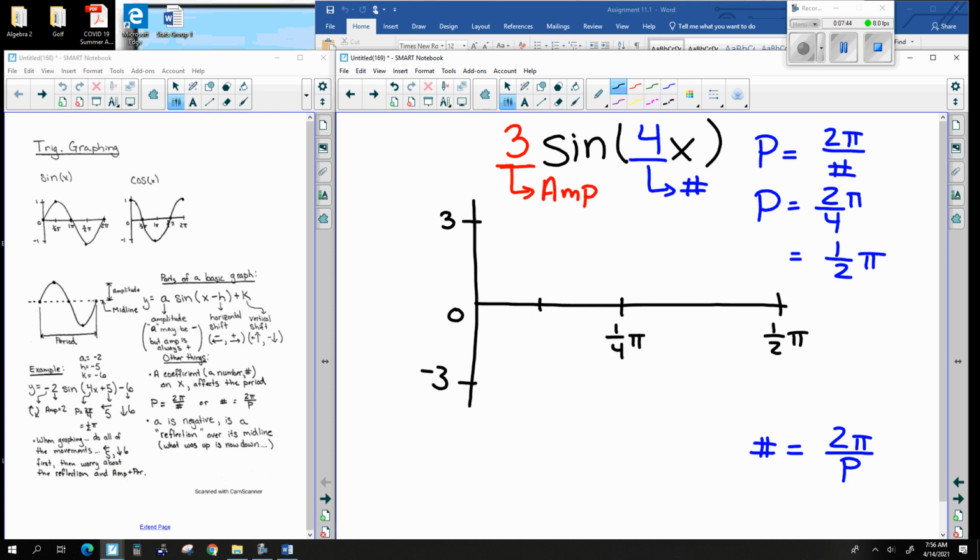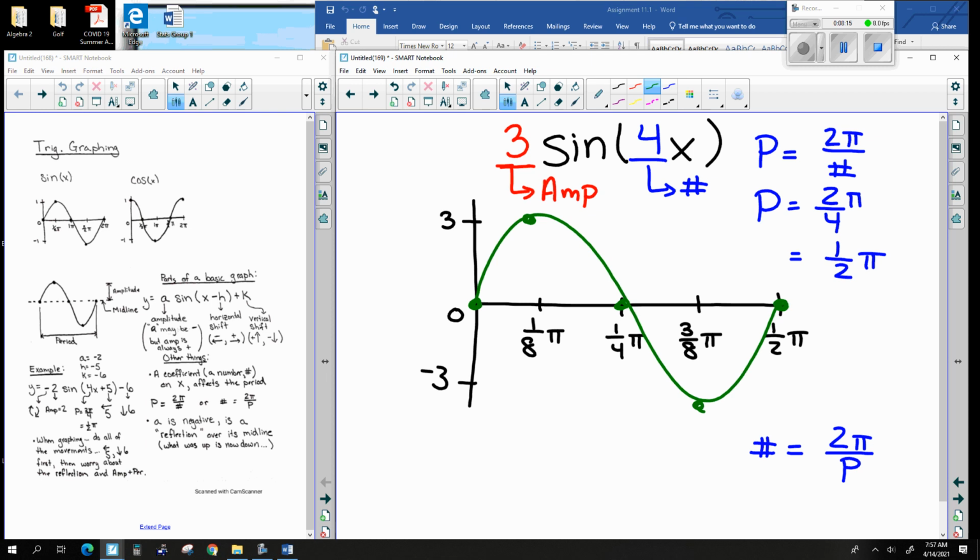Half of that would be 1/8 pi: 1/8, 2/8, 3/8. And then this is just a sine graph. So middle to middle, the middle goes up, and then it goes down. There it is. And so we can manipulate the amplitude and the period by those numbers.